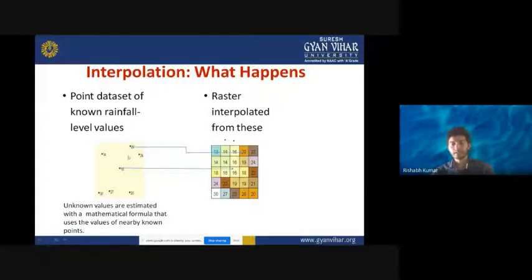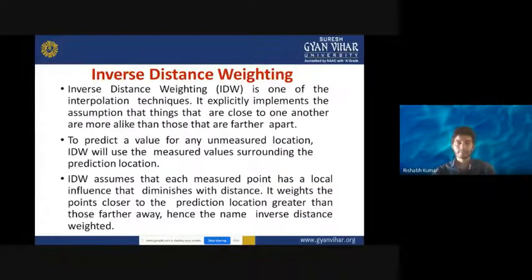So it will be more affected by the values that are closer to it spatially, and instead of the points that are far from it spatially. Okay, so on this premise your inverse distance weighting method works.